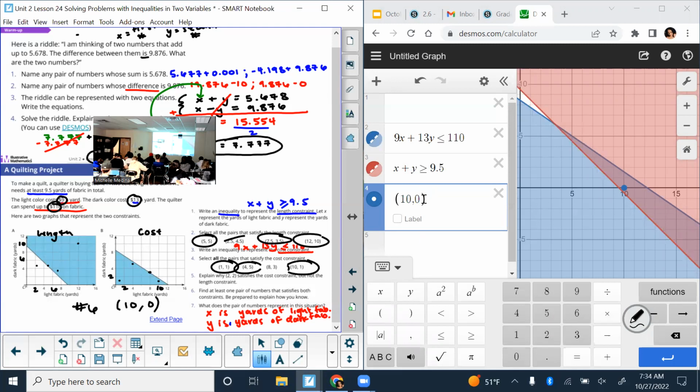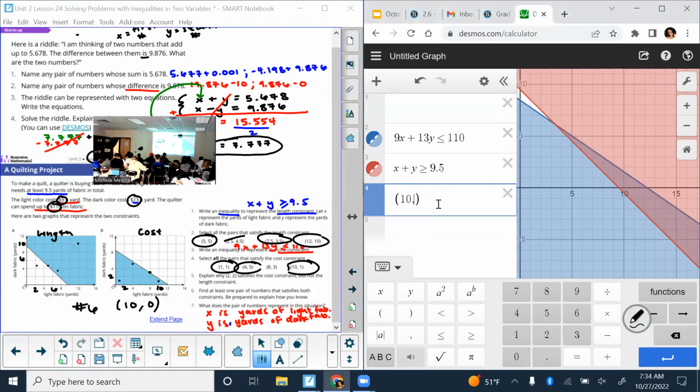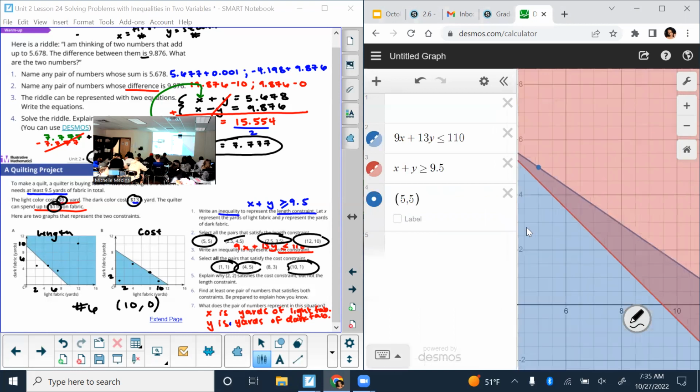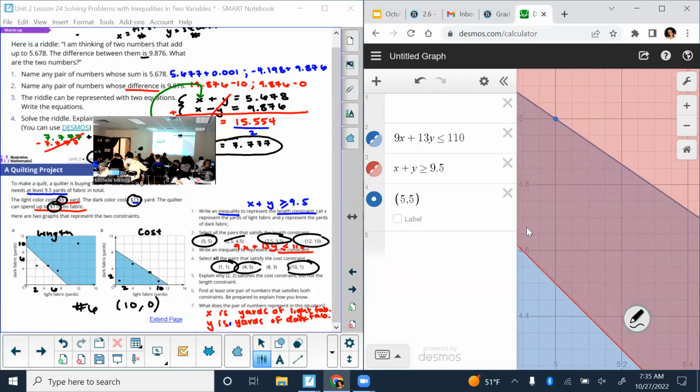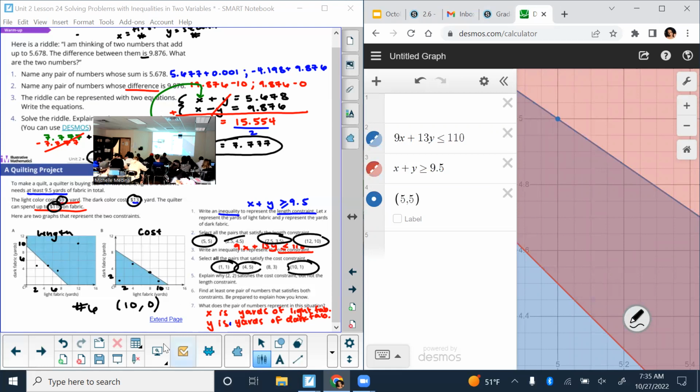Gavin? 10, 1 is in that overlapping shaded area. Diamond. Let's see. All right, I'm trying to zoom in. Yep, that works.